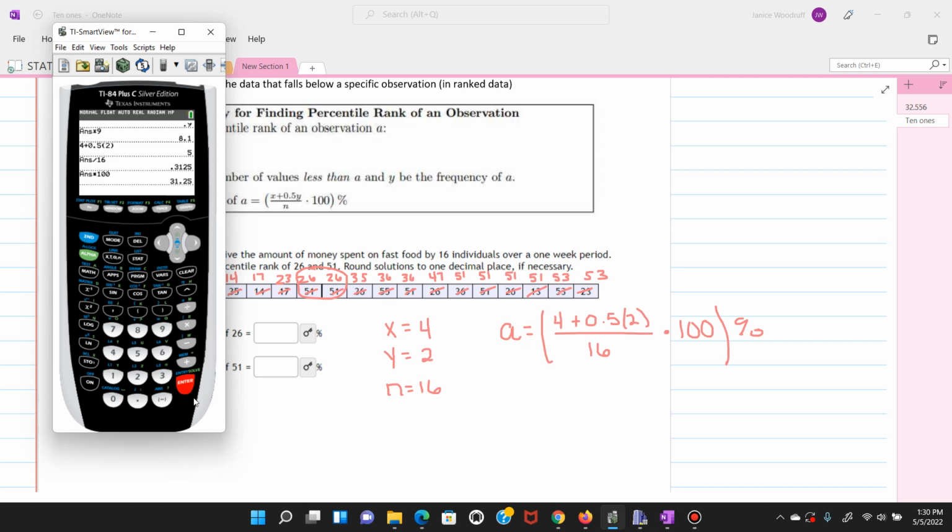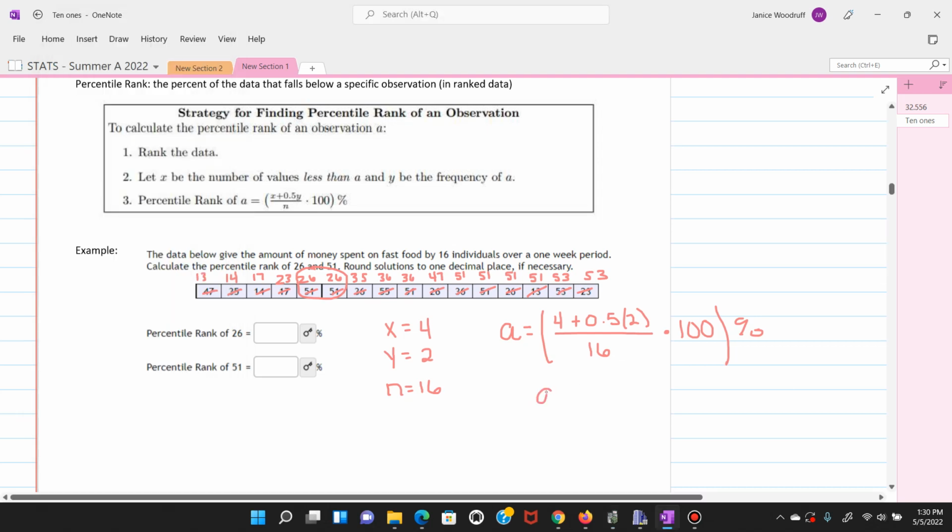So that will give us 31.25. And at 31.25%, we want to do 1 decimal place, so that would be 31.3%. So 26, so if you spent $26 on fast food, you're in the 31.3 percentile. So you spent more money than 31% of people.